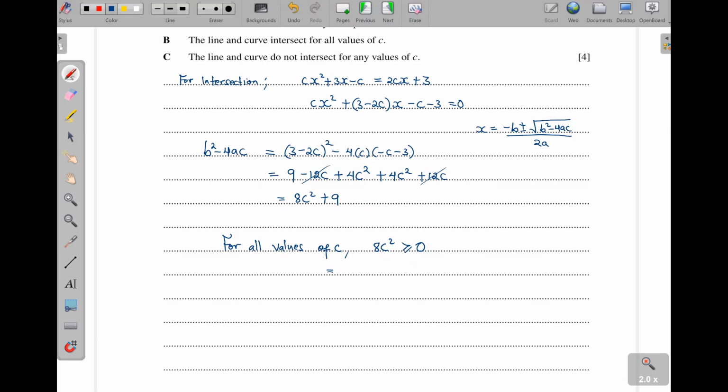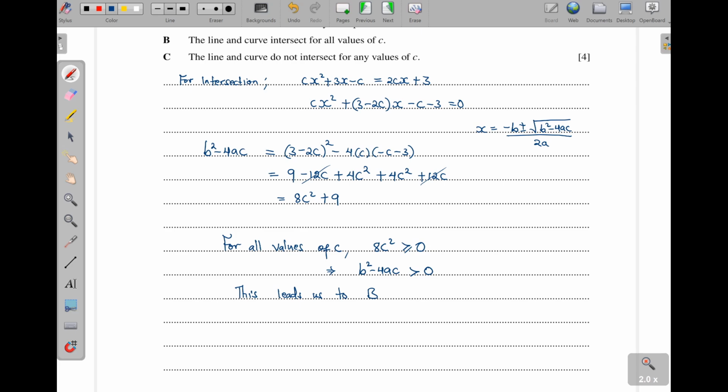So this simply implies that b squared minus 4ac will always be greater than 0, okay? So what does this mean? This leads us to b, because they said for b, the line and the curve intersect for all values of c. So I will say this leads us to option B.